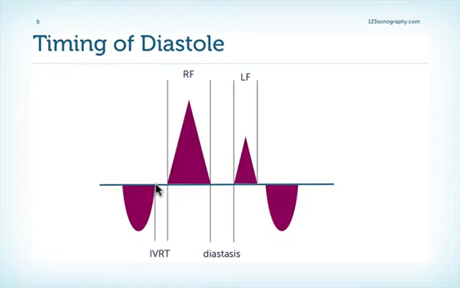This diagram, which resembles a Doppler tracing which records the velocity across the aortic valve and the mitral valve, shows you when the different time intervals actually occur. Systole is followed by the isovolumetric relaxation time. Then we have early rapid ventricular filling, which is followed by diastasis, where no filling occurs.